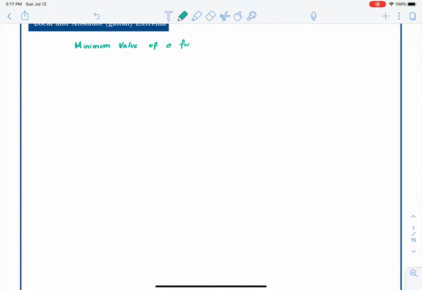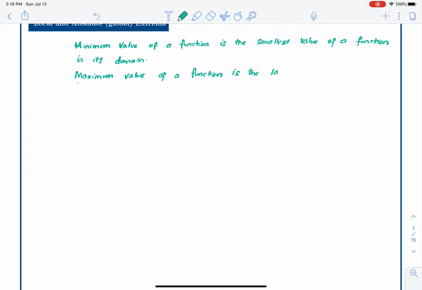The minimum value of a function is the smallest value of a function in its domain. I shouldn't say in its domain, or I should simply say on an interval.